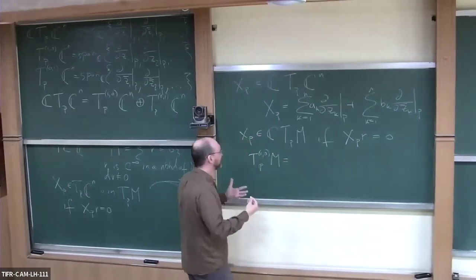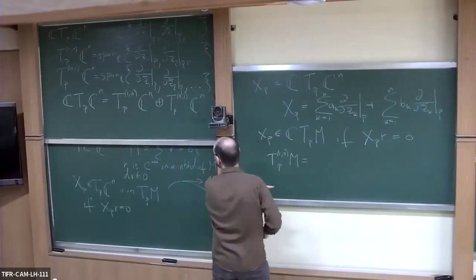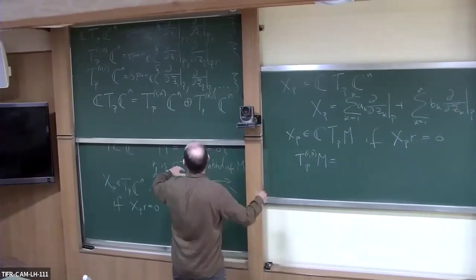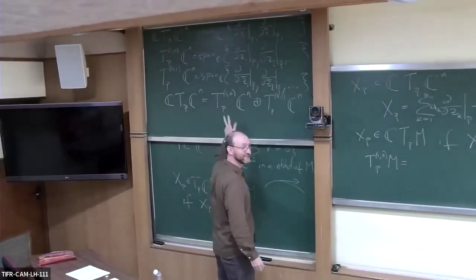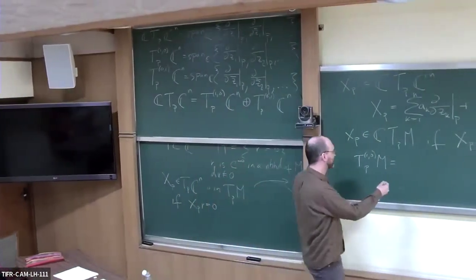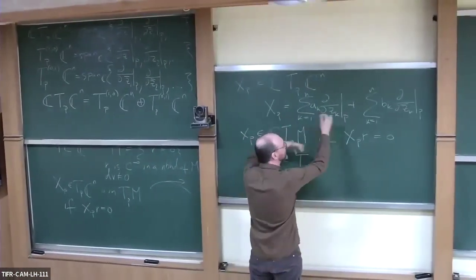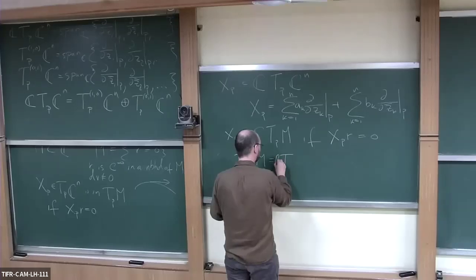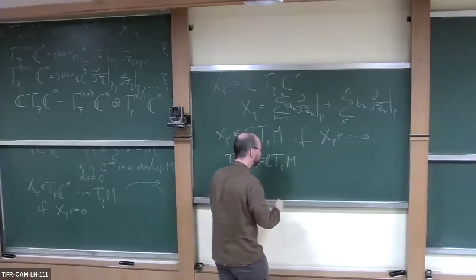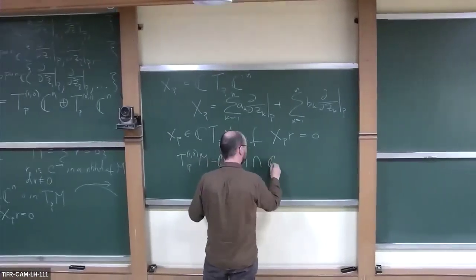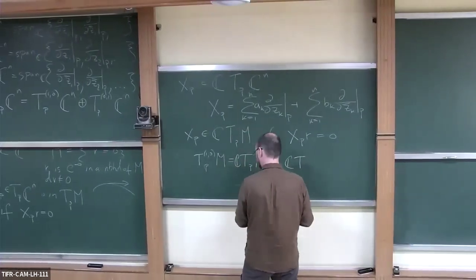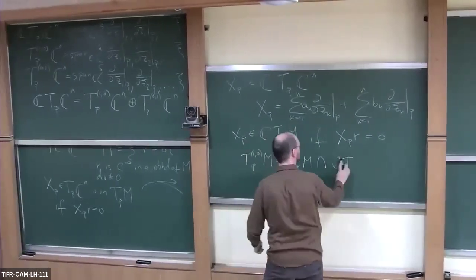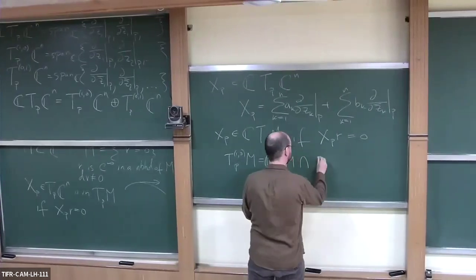Well, I could just take this space and intersect it, write down the definition: the complexified tangent space of M intersecting the complexified T^{1,0}, which is already complex.